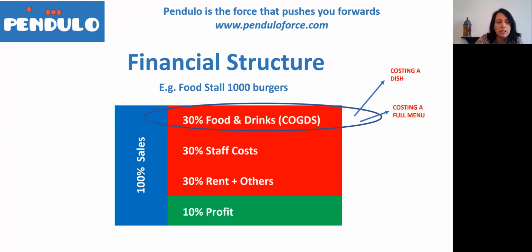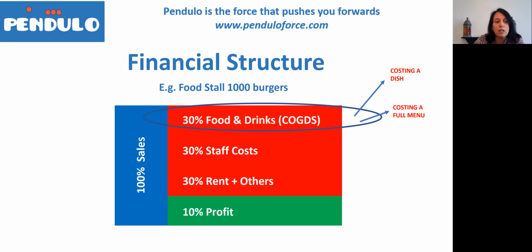And we're also going to see how to do the costing of a full menu. The cost of goods and the menu engineering starts with the costings of all the dishes of our menu. We will see in another video how to do the costing with the full-on spreadsheet and real numbers, and what we include and what we don't.